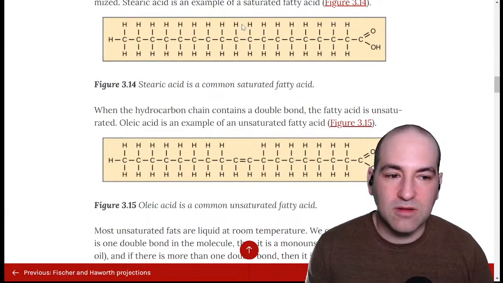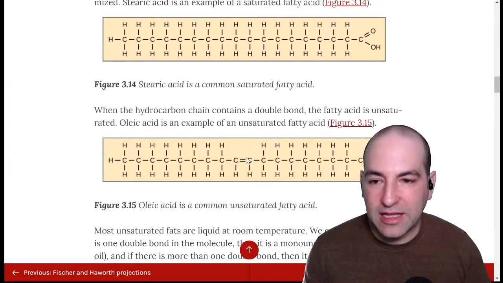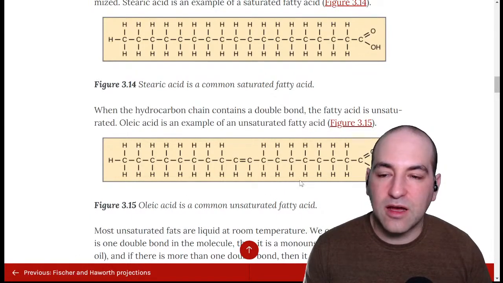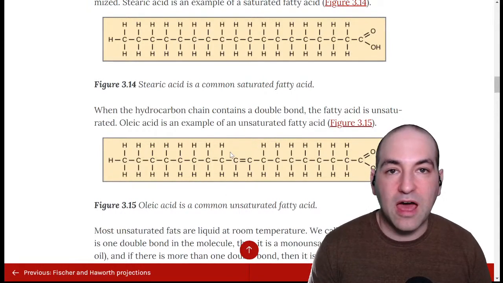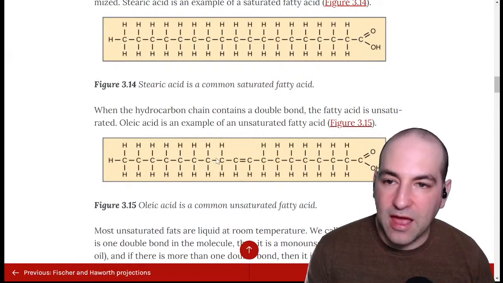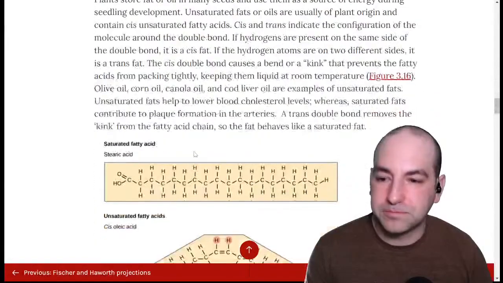You can see the hydrogens that were here are now missing, because carbon has to have 4 bonds, and it gets it from the double bond in this case. We call any fat that has double bonds in it an unsaturated fatty acid, or an unsaturated fat if it's a triglyceride. And if it doesn't have those, it's a saturated fat. So that's where those terms come from, if you've probably heard them before.